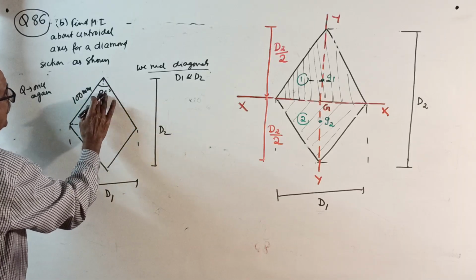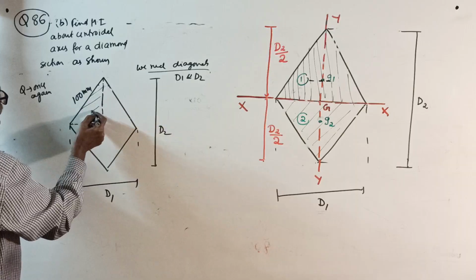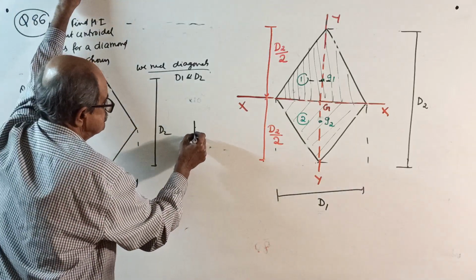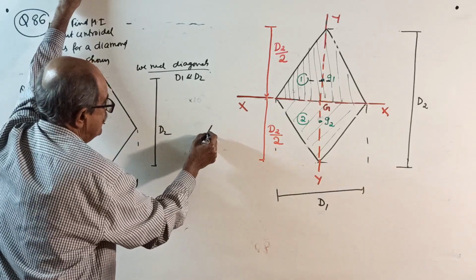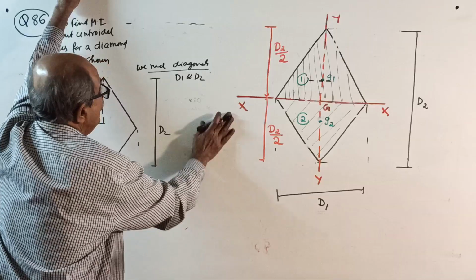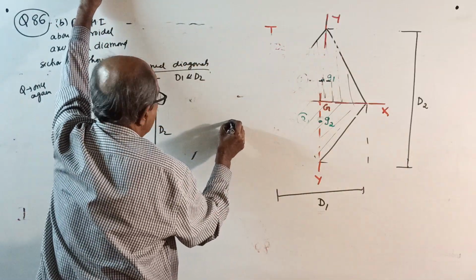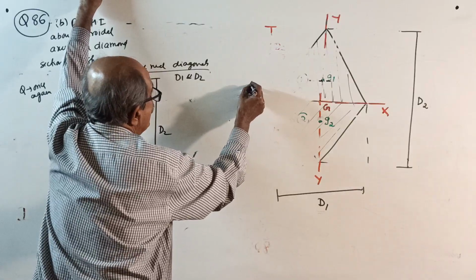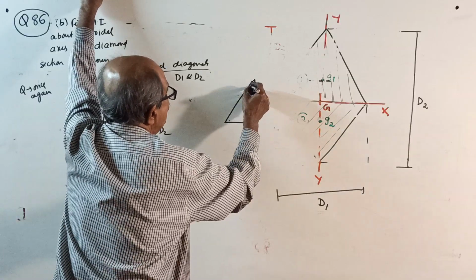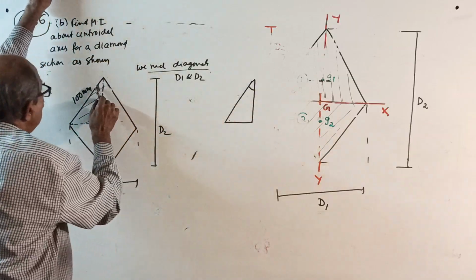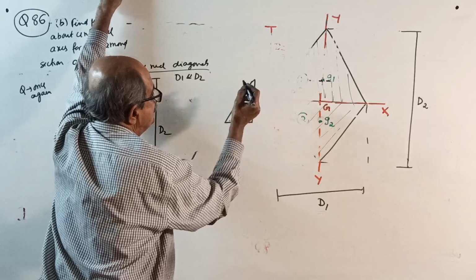You take this 80 degree given, you take only this triangle. I write here only, I project it this way. They told this is 80 degrees, so this angle is 40 degrees.